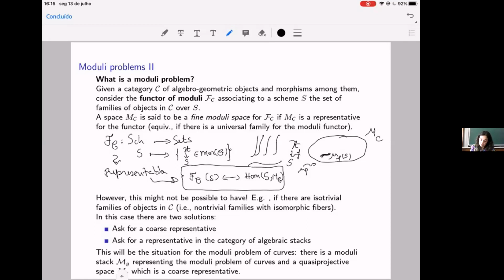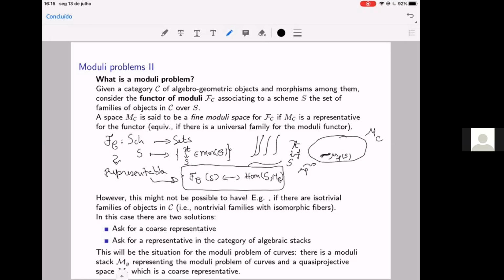And then you see that there could be no way for you to distinguish between such an isotrivial family and a trivial family, if you have this kind of phenomenon.